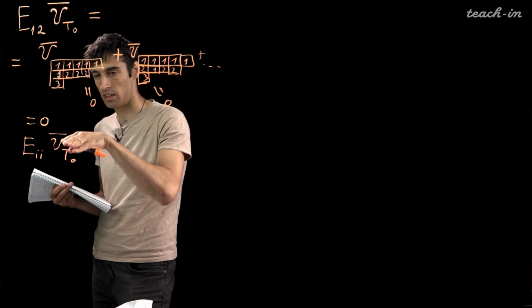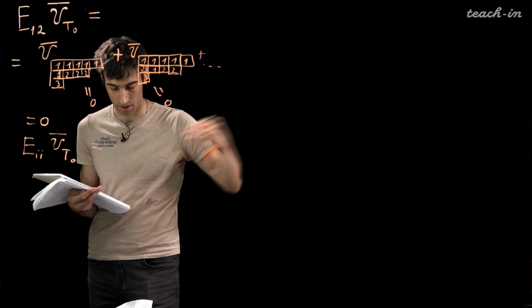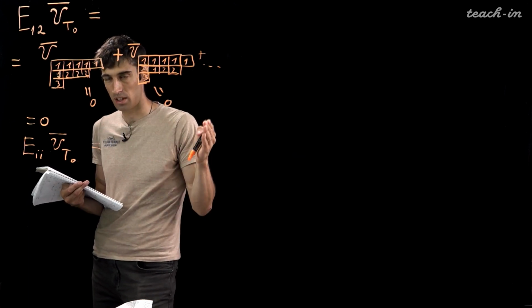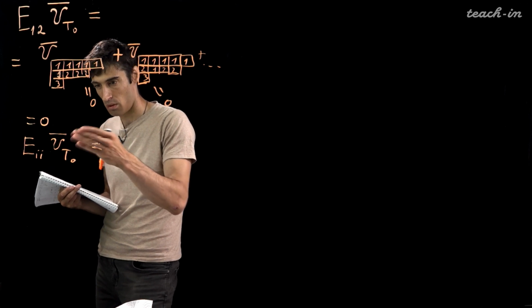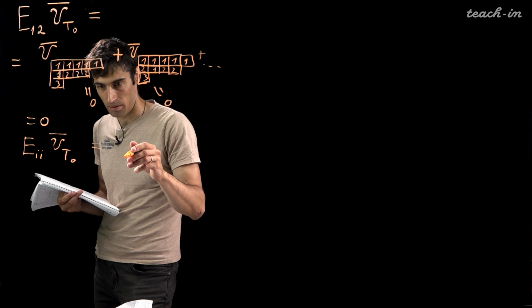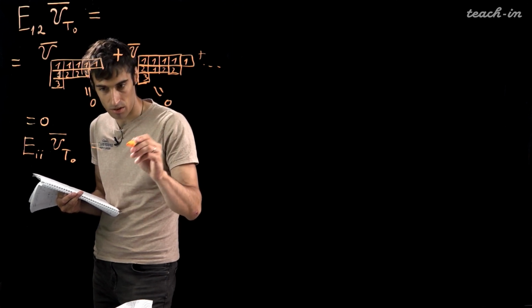So it doesn't change anything, but it gives me a bunch of terms, which are just the same vector. And the number of these terms is the same as the number of boxes with i in it, so it will be the number of boxes with i times v_t0 again.